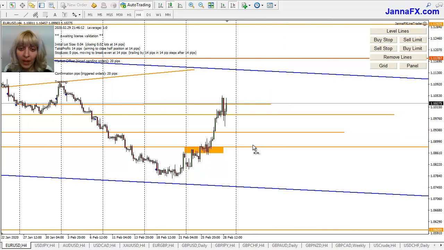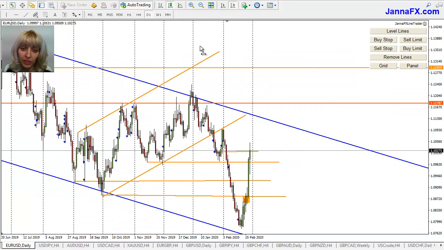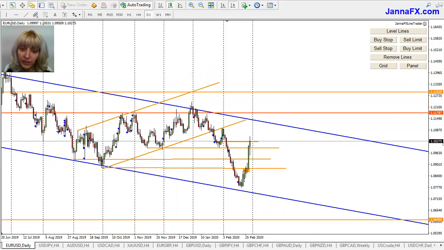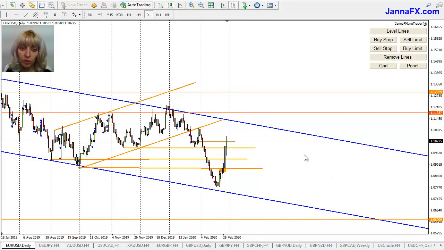It actually made pretty much the whole way of moving up with the previous drop, right? But I still think that it will continue the way down. Of course, this might finish the movement because we are still in the downtrend channel, and quite possibly, yes, it can finish it. But still, it didn't touch the bottom of the level. And also with the news around eurozone and coronavirus affecting eurozone countries, European countries, I still see it should drop.